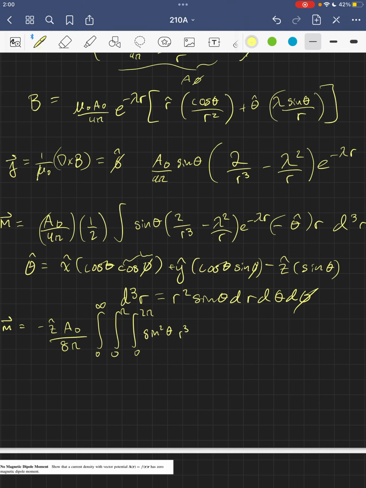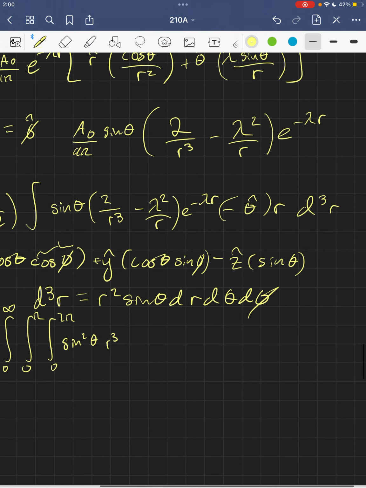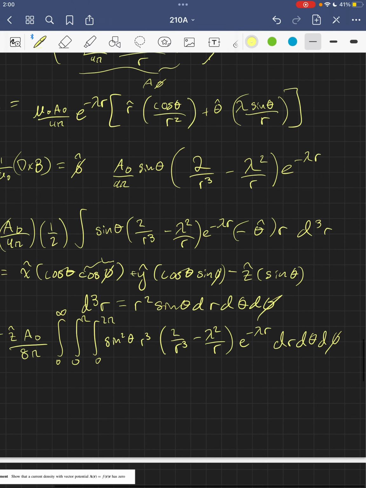R cubed from the r squared from putting in the infinitesimal volume, 2 over r cubed minus lambda squared over r, e to the negative lambda r. Okay, I think that's all our terms. Right? I believe so.